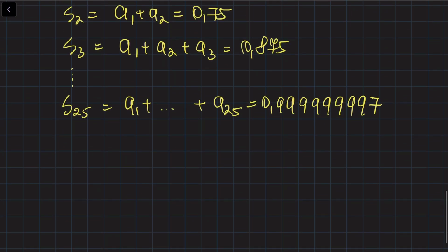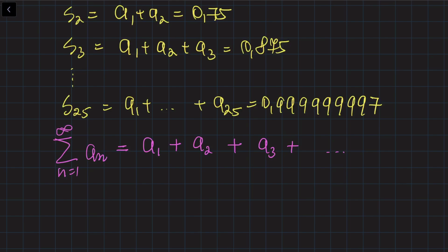Again, in this lecture we defined the series. Previously we defined a sequence as a list of numbers, which usually goes until infinity. In this lecture we say that the sum is called a series, and we denote this as the sum of a_n, with n going from 1 to infinity. So this is called a series.